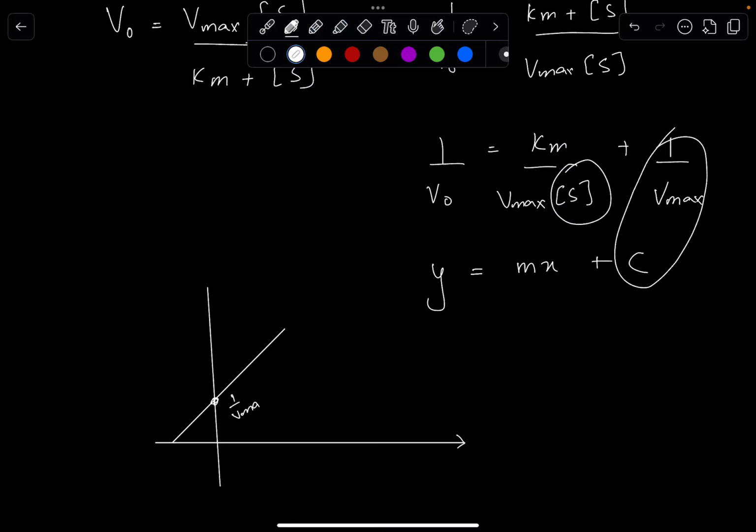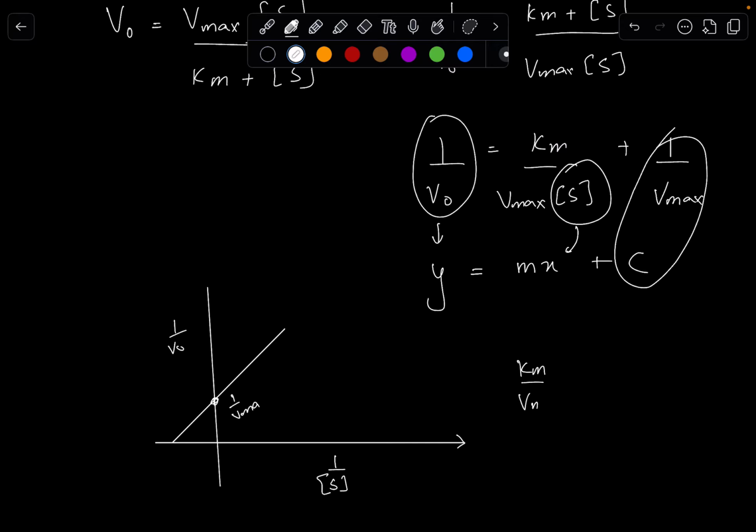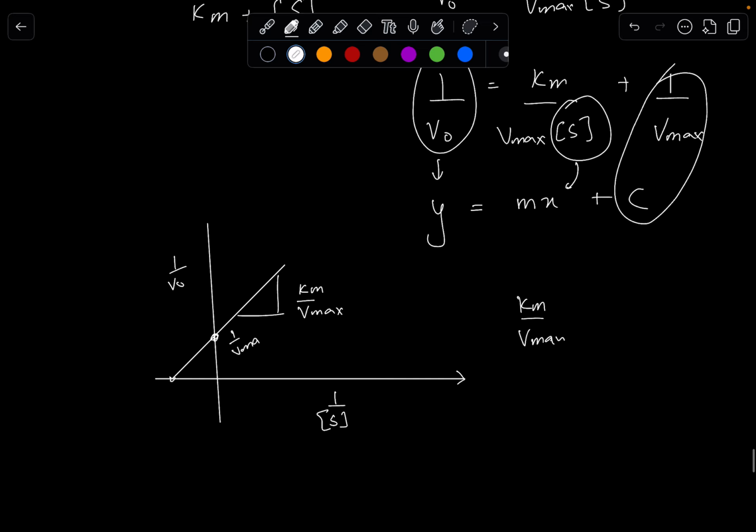My x is 1 over S, the substrate concentration, and 1 over V naught is the y-axis, right? And what is my m? My gradient, Km over Vmax. So that means this is increasing at Km over Vmax, right? The gradient.